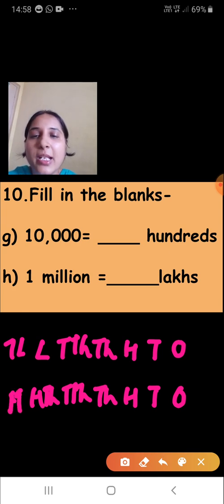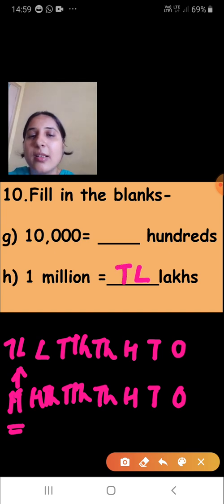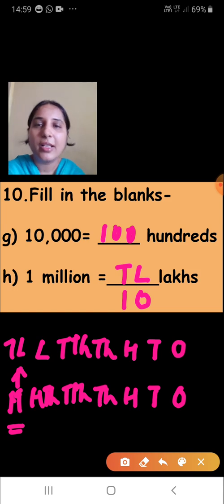So 1 million, you can see here, is equal to how many lakhs? 10 lakhs. Got it? Or you can write 10 only like this. And there the answer was 100 hundreds. Got it, children?